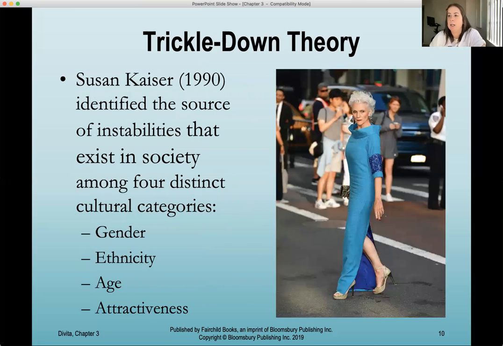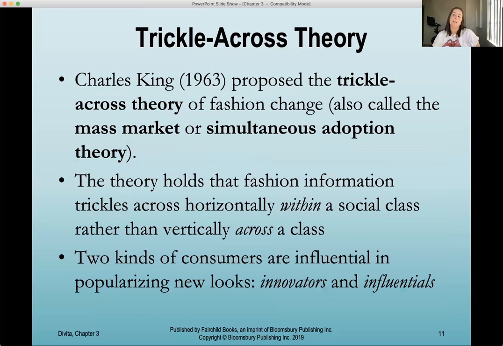So there are a couple of sources of instabilities that exist in society, okay, that are part of this trickle-down theory. It's gender, ethnicity, age, and attractiveness. Okay, second theory is the trickle-across theory. So unlike the trickle-down theory that comes from the top and goes slowly down, the trickle-across theory is fast and furious.